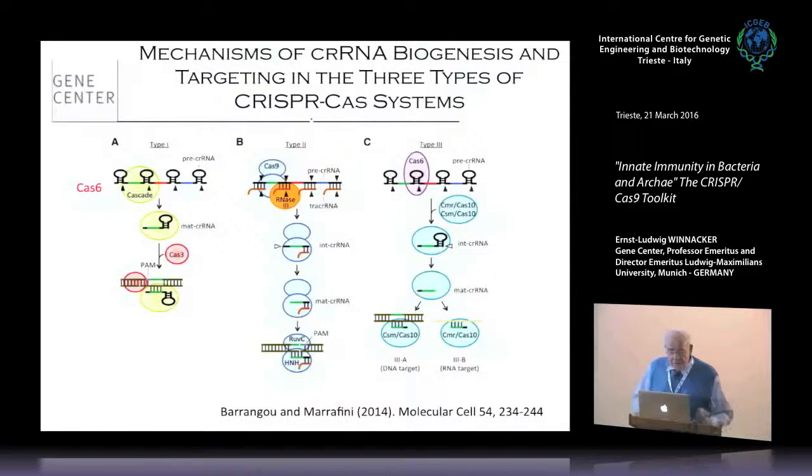Now, the crucial one is type 2, and the discovery in 2010 of not just the production of this CRISPR-RNA, that is an RNA copy of these peculiar repeats which I've talked about, but another RNA which is crucial. Where does this come from? I will describe how that was discovered, because I consider this the crucial paper and the crucial piece of work.